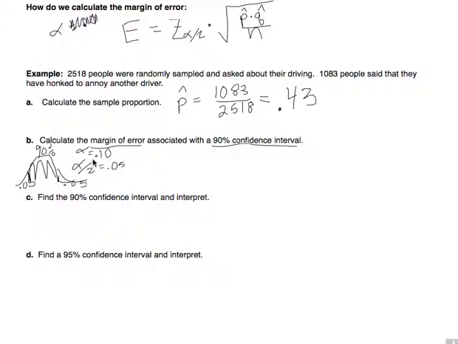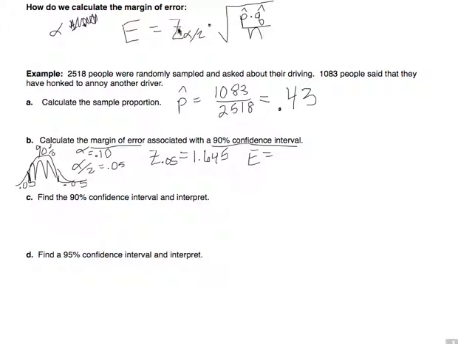And if you consider the z-score associated with 0.05 in the area to the right, we know that that's 1.645. And that's going to be a number that you will use quite frequently. So let's now plug this information into our margin of error formula. So we're going to have the z-score. This is the formula that we're going to bring down here, and I'm going to start plugging things in.